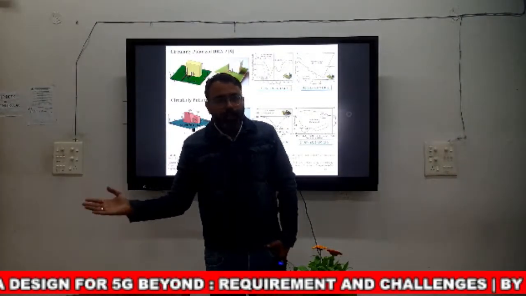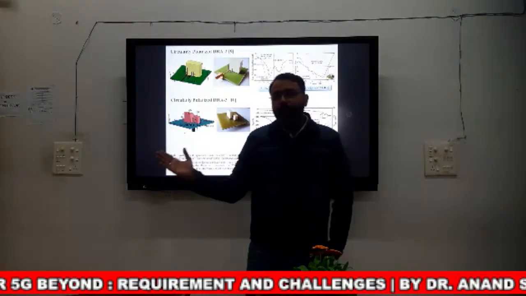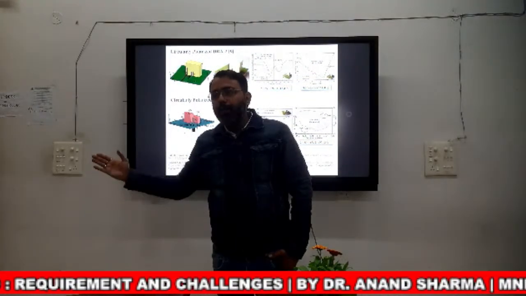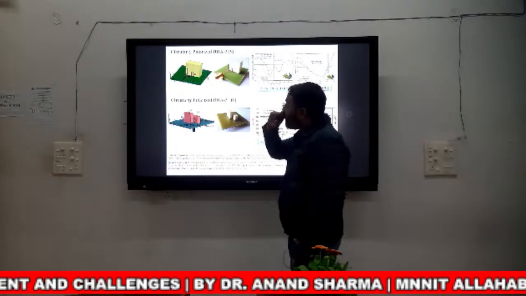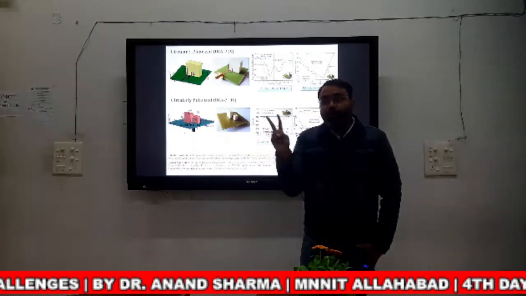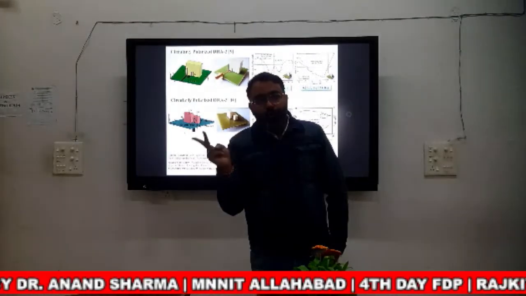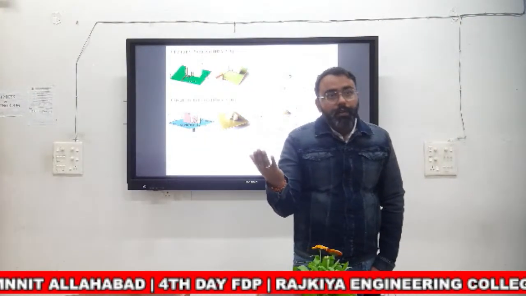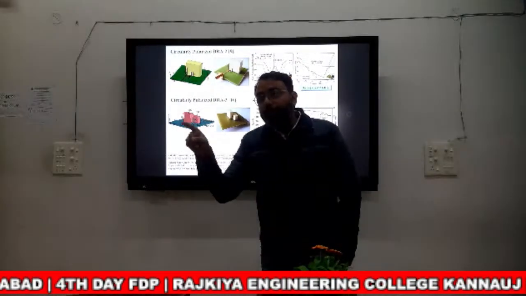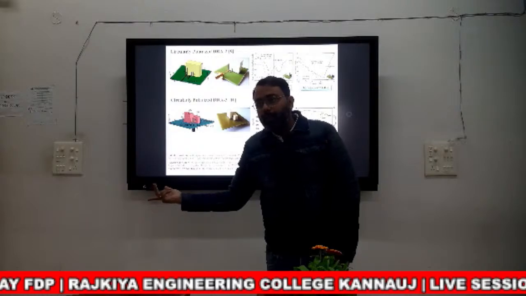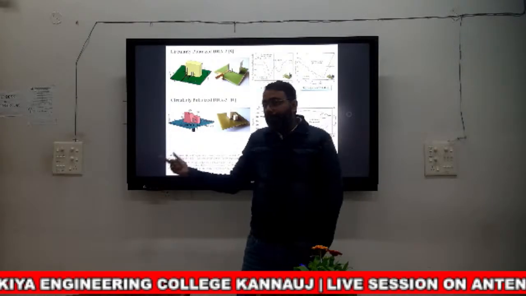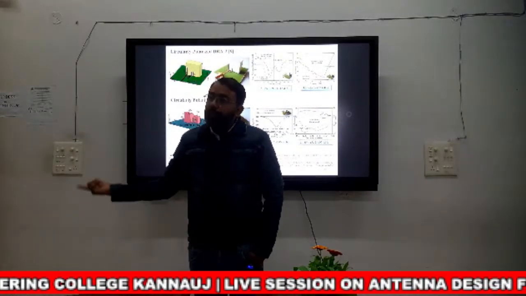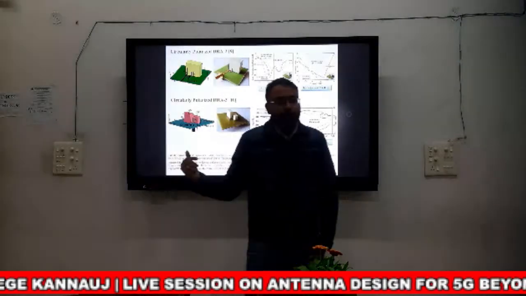If you create a path difference between two field lines, you will create a phase difference. If the path difference is lambda by 4, then the phase difference will be 90 degrees.